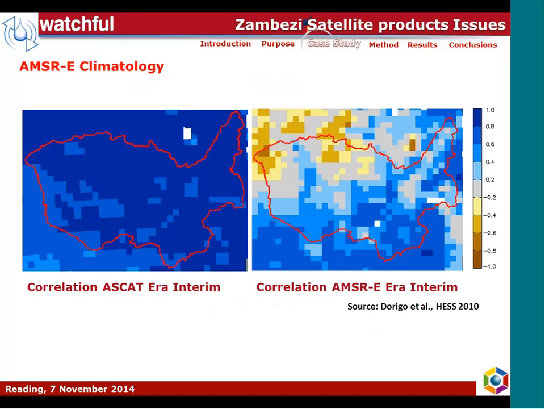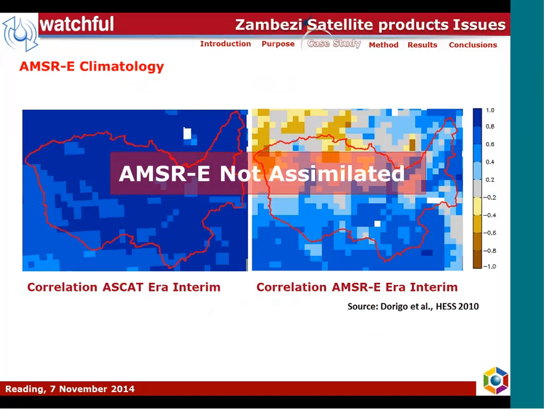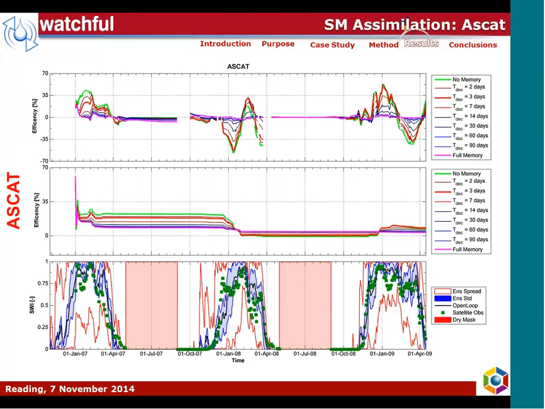For this reason, we finally decided not to consider AMSR-E data in this case. By comparing to the soil moisture product from ERA-Interim, we could see a very high correlation between this product and the ASCAT product, but a very low correlation with AMSR-E. So AMSR-E data was not assimilated in this case.